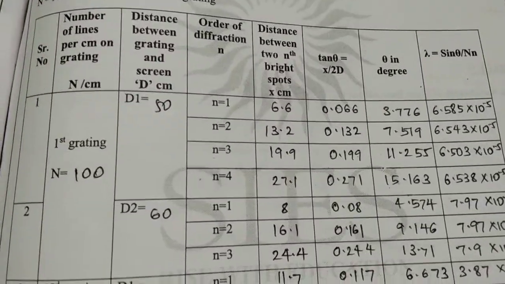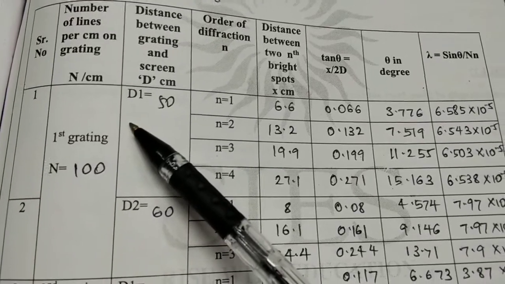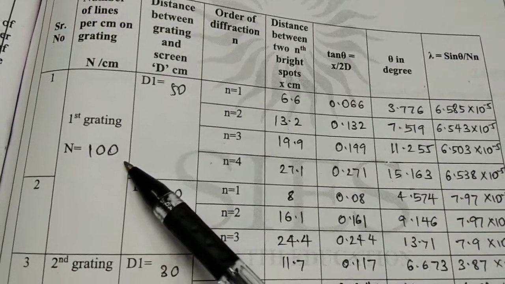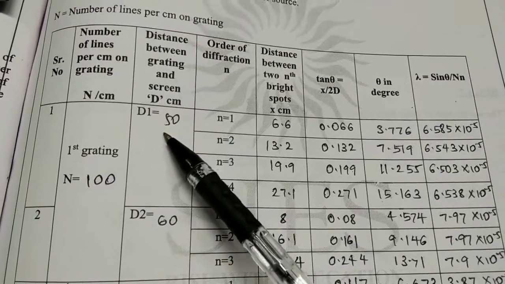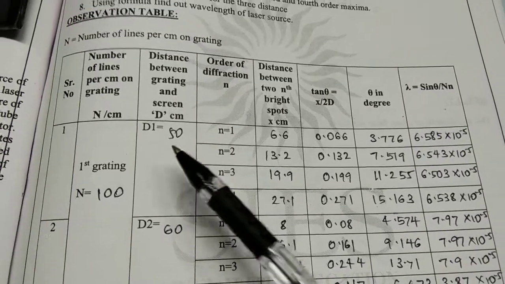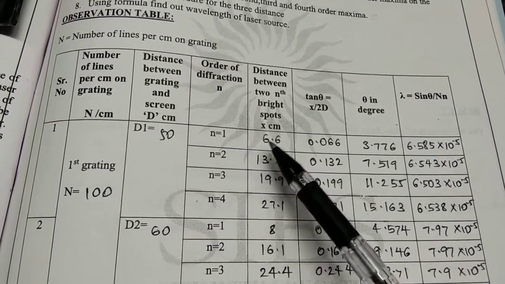Okay, so let's see how you can write all these values in this tabulation. First we perform the experiment with the first grating. That means the capital N value was 100 lines per millimeter. Now D is the distance from the grating to the screen, and now I have to measure the distance between the two first order spots.